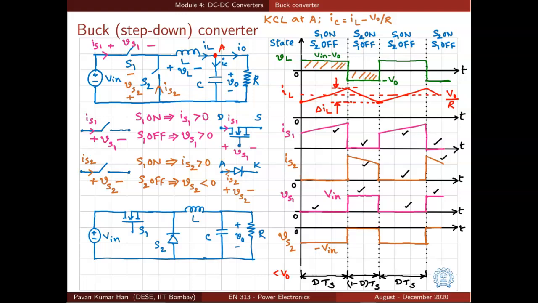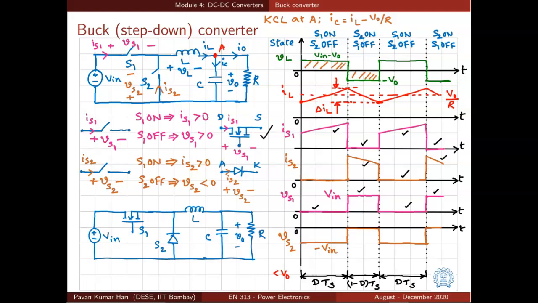So if we look at the voltage blocking and current carrying capabilities required for switches S1 and S2, when S1 is on, the current through S1, which is IS1, is only positive, and when S1 is off, the voltage across the switch VS1 is again positive with the polarity defined. So we can choose a MOSFET connected like this in place of S1.